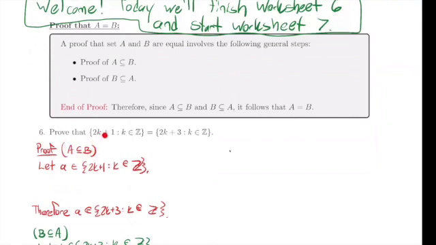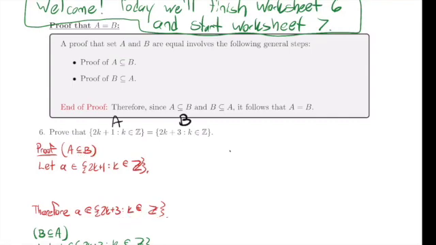First would be to show that this set, we'll call this one A, is contained in B. And remember, those proofs work like this: we start with an element in A, and then we want to show that that element has to be in B. So the general outline here would be, I'm going to start with something in the first set, prove that it has to be in the second set.